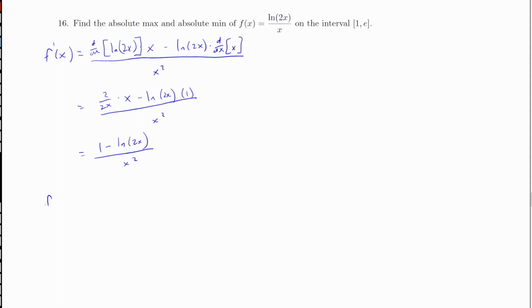So let's solve for where f prime is equal to 0, and also where f prime is undefined. It's going to be equal to 0 where this numerator is 0. So 1 minus ln of 2x equals 0. So 1 equals ln of 2x. Take e to the power of both sides. So e equals 2x. So e over 2 equals x.